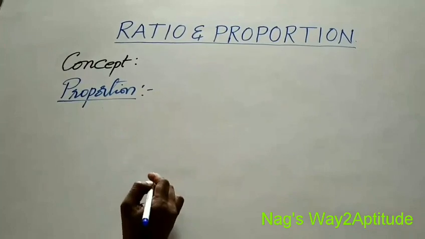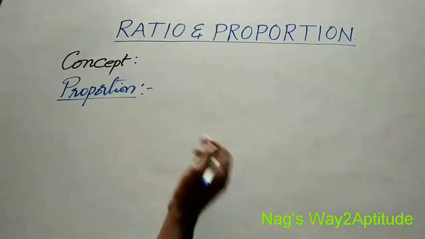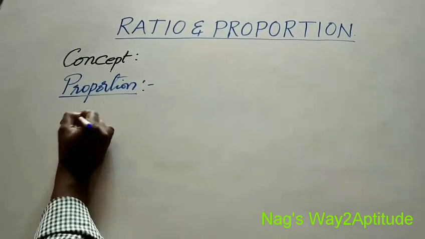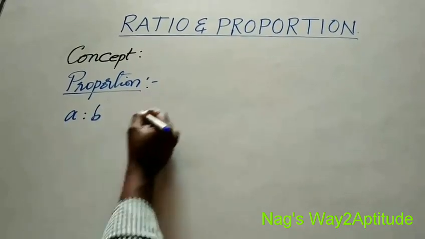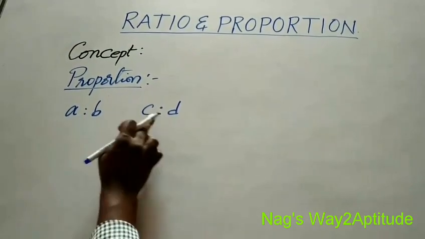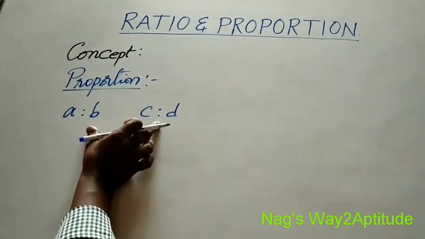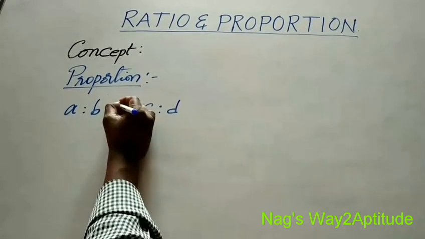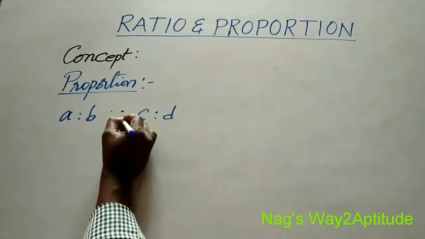So the proportion is nothing but the equality of two ratios. For example, you take two ratios A is to B and C is to D. If the values of both these ratios are equal, then they are said to be in proportion, and it is indicated by using the symbol "is as".